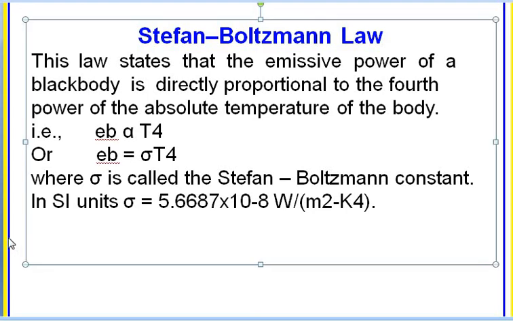In order to remove the proportionality, a constant sigma is added. Therefore, E B is equal to sigma into T raised to 4, where sigma is called the Stefan-Boltzmann constant, whose value in SI units is 5.6687 into 10 raised to minus 8 watt per meter square Kelvin raised to 4.